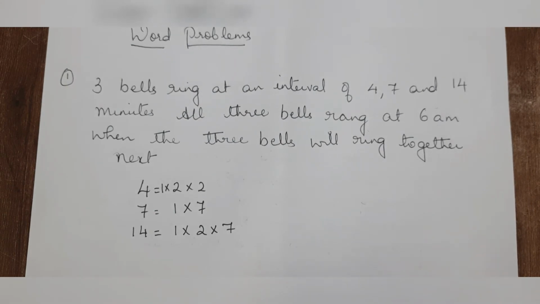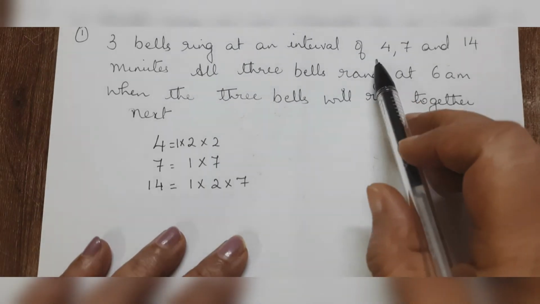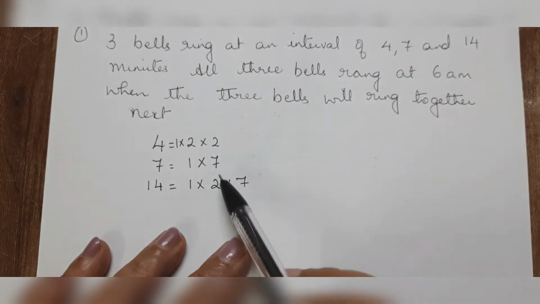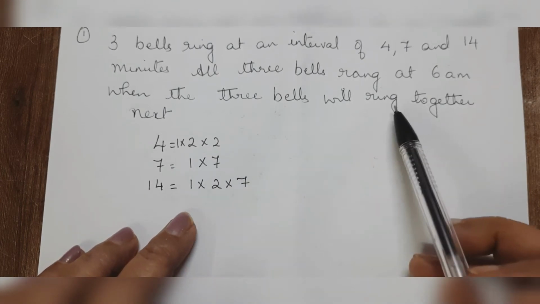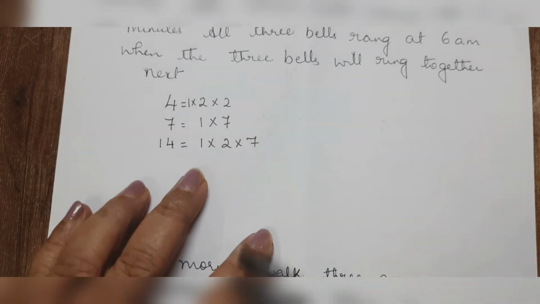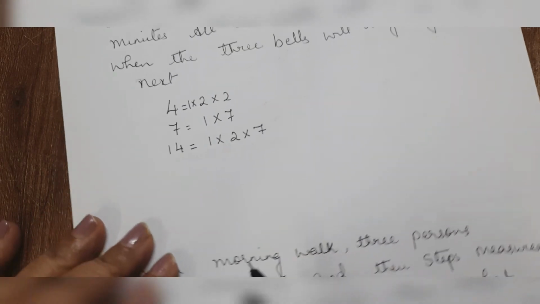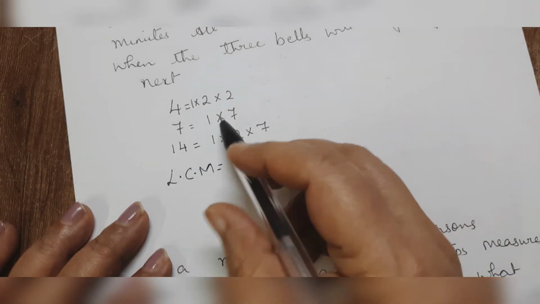circular track. So we have to do LCM in this case, because HCF will give you a smaller number. Can you check in this one? HCF will be 1 only. So after 1 minute they will not ring. So it will be LCM only. So find out the LCM of this one.